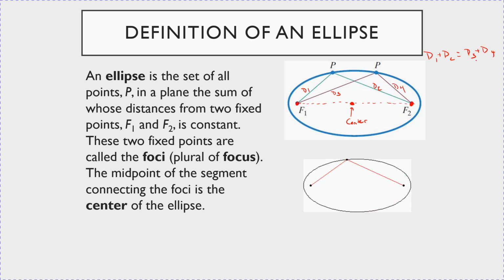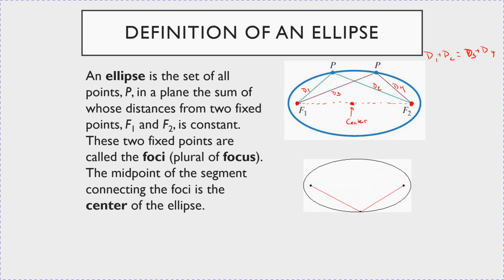The sums would be the same. So all these points have the same sum of the distances between the two foci and the point that's going around the ellipse. That's what defines an ellipse.